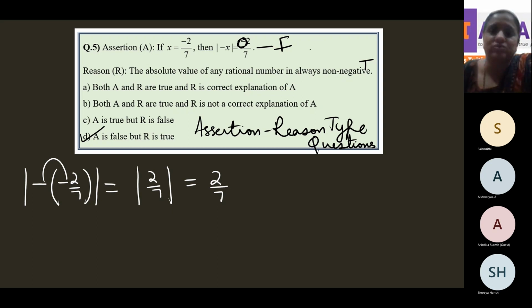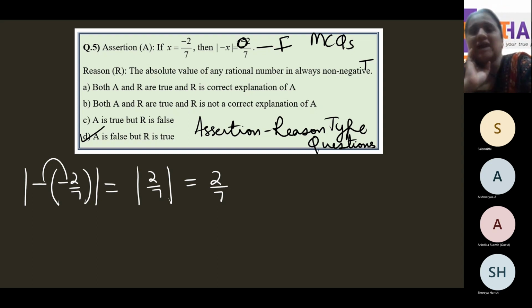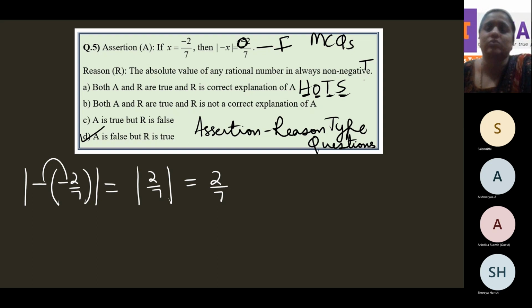So along with MCQs, your question paper will have questions of these categories: multiple choice questions, also called objective type questions, then short answer type questions, long answer type questions, assertion-reason type questions, and value-based or case study-based questions. And you also need to know a few higher order thinking skills, HOTS, questions.